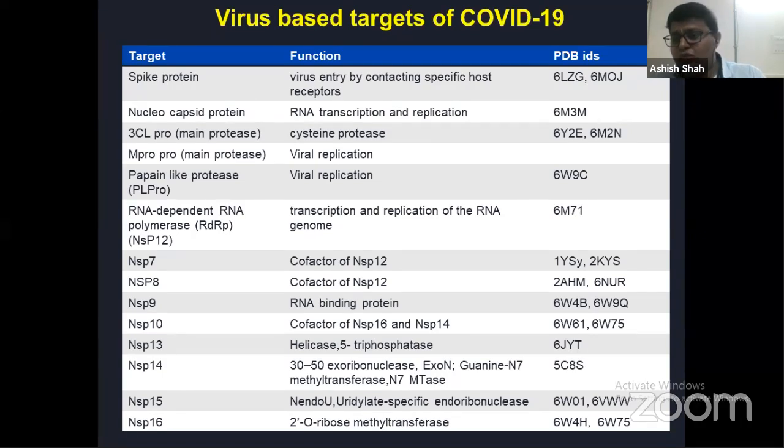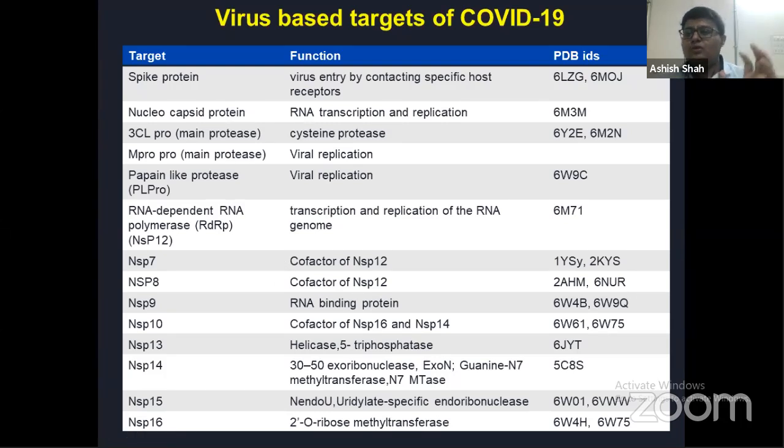For the virus, we have certain kinds of proteins, like the main protease, spike protein as well as nucleocapsid proteins. Apart from this, we have 16 different kinds of non-structural proteins. They also play an important role. So these are the targets reported to date for COVID-19.